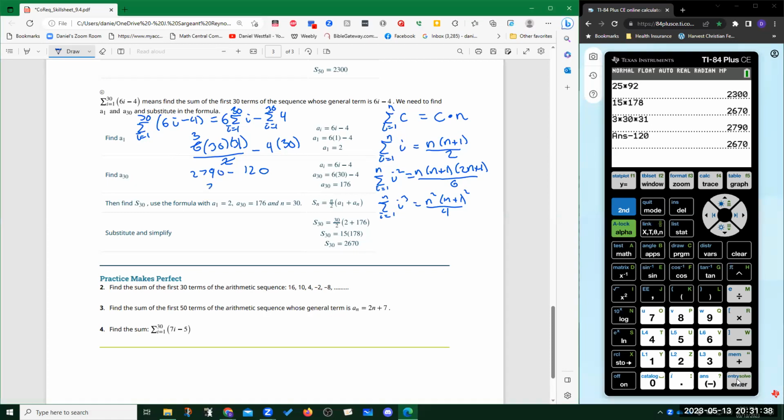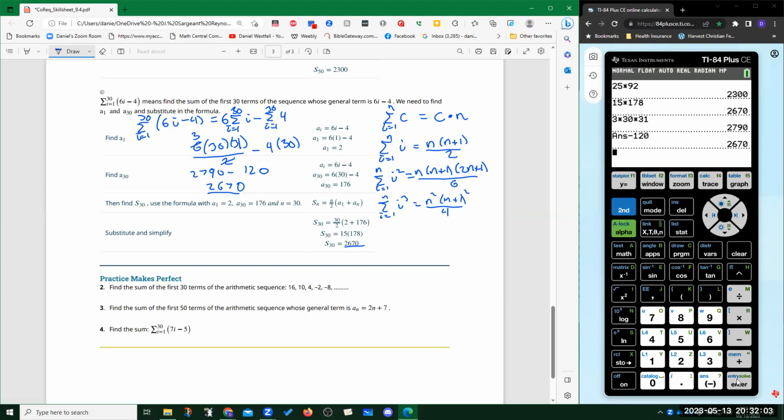And we get the same answer. So it doesn't matter whether you use this pre-calculus method or whether you use the calculus 1 and calculus 2 method with the shortcut formulas. It's going to work out the same way. You're going to get your summation to be 2670.